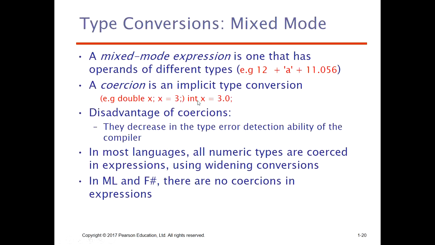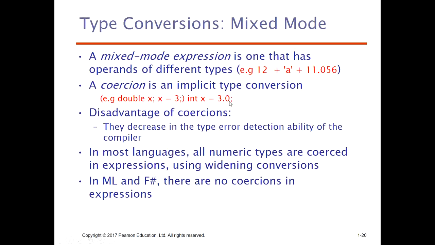Also in this example, int x equals 3.0. If you look at 3.0, this is a floating point value, right? Because it has a decimal. But because you declared x as an integer, during the compilation process the compiler will automatically convert this 3.0 to 3.